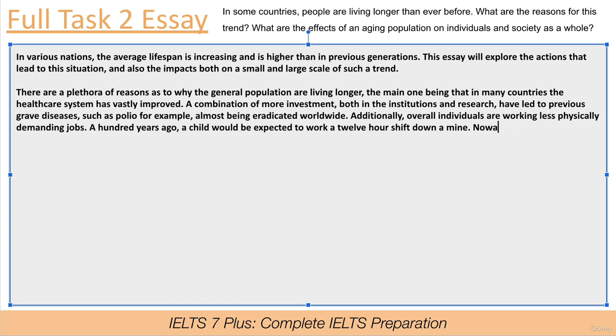Nowadays, it is only adults who work, and mostly in office jobs, which do not have the same risk factor, maybe. Okay, brilliant. I think that's okay. We were going to talk about diet, but this has worked out quite a large paragraph.